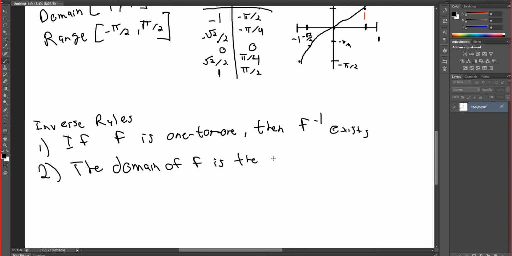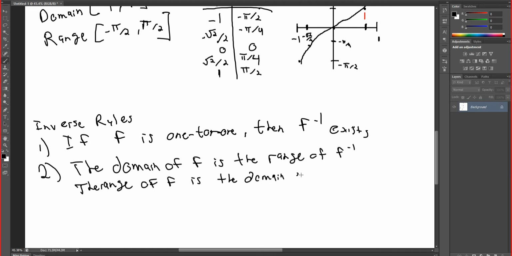Rule 2 is the domain of f is the range of f inverse. And then the range of f is the domain of f inverse.